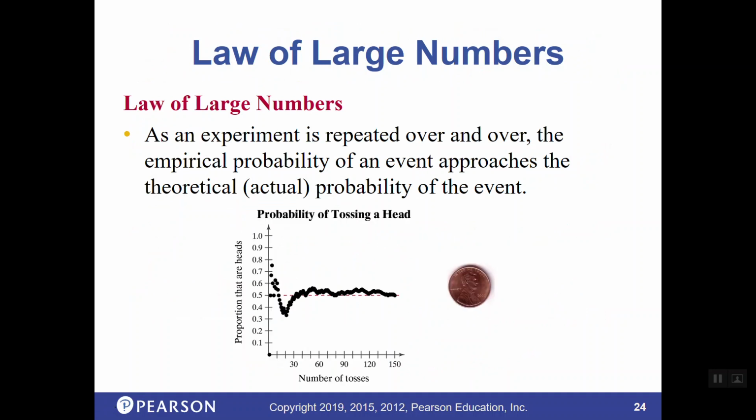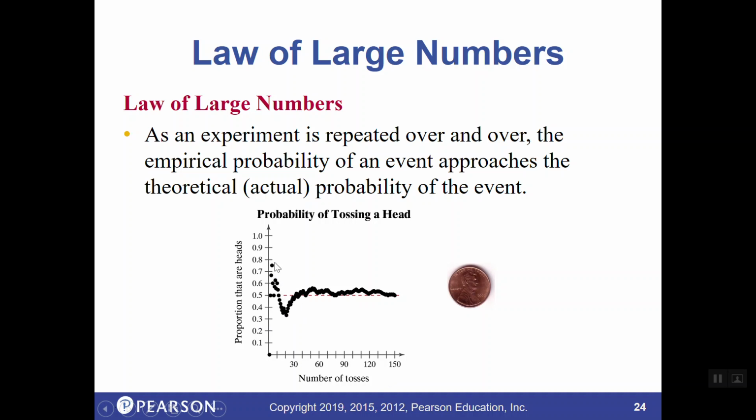So as you flip a coin, at the beginning you might get maybe heads, maybe tails. Here they're looking for the probability of tossing a head. Looking at the number of tosses, at the beginning you were just getting different results.